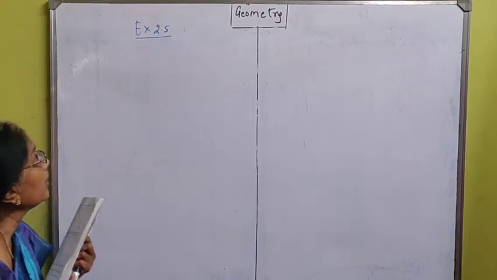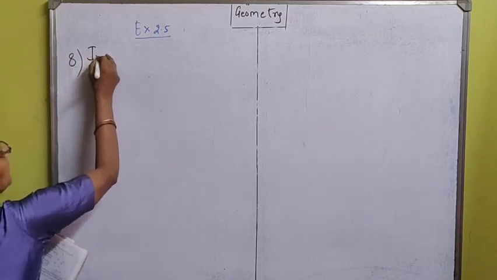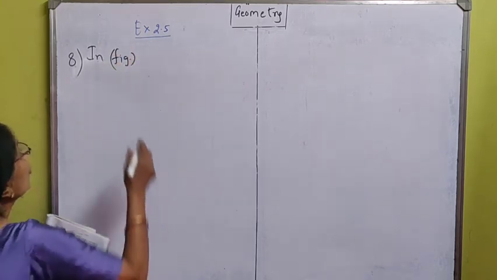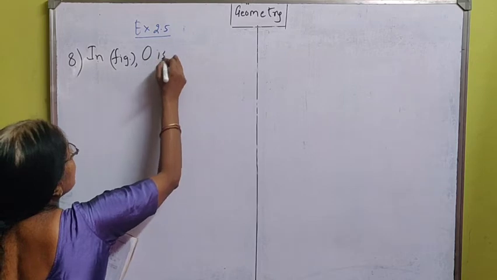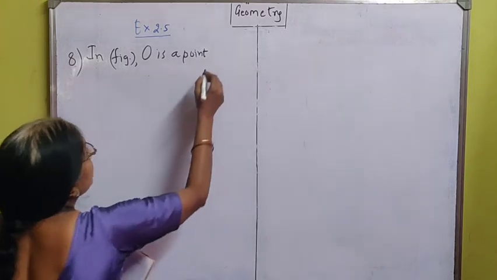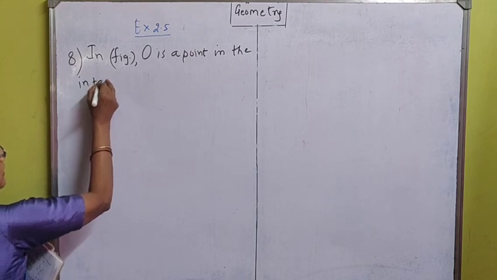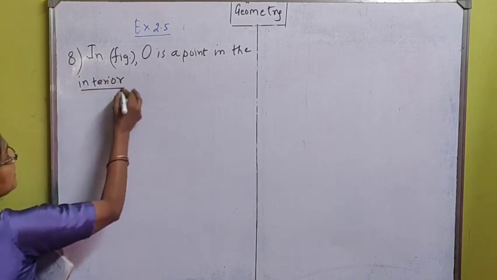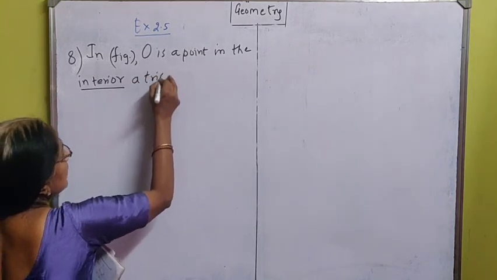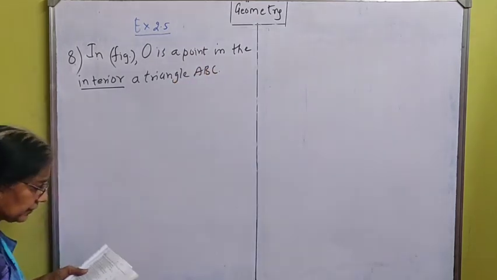Now we will see sum number 8. What does sum number 8 tell us? Let us see. In the figure, the figure is already given to you. O is a point in the interior, interior means inside a triangle, and the name of the triangle is ABC.